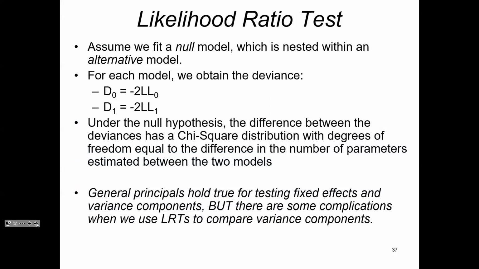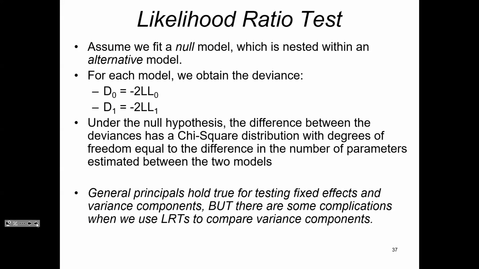I take the deviance of the simpler model minus the deviance of the more complex model. That makes sense because the deviance of the simpler model is always going to be bigger, because as I add parameters, the deviance is always going to go down. So I take the bigger deviance, the simpler model, minus the smaller deviance, the more complicated model.